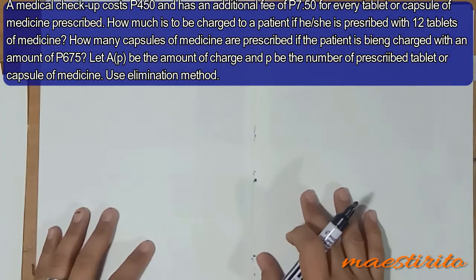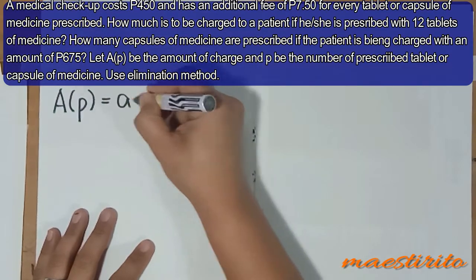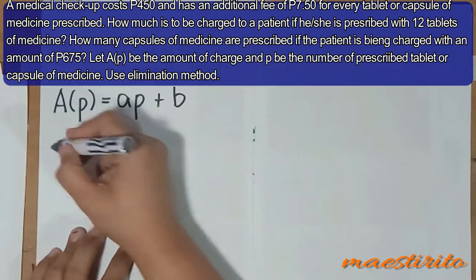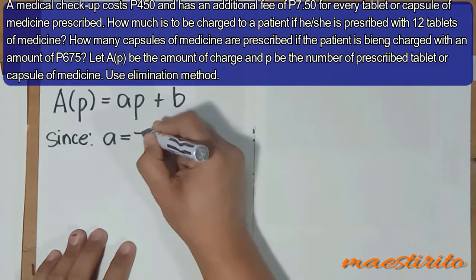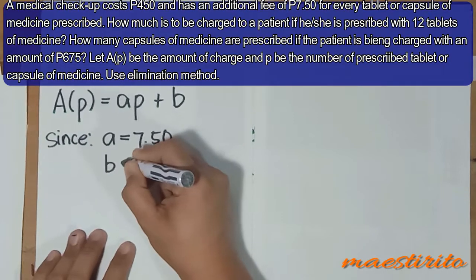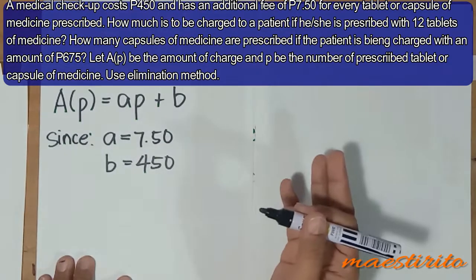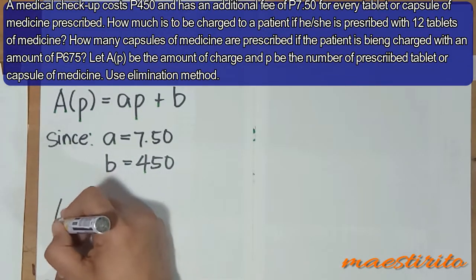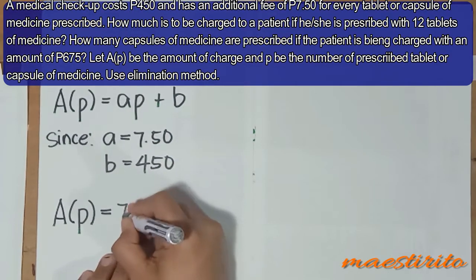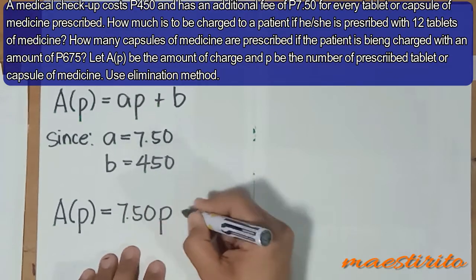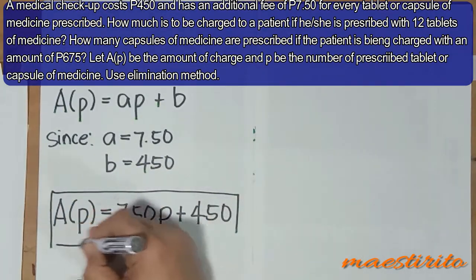Let me rewrite the general formula, which is C(P) = AP + B, and since our A is 7.50 and our B is 450, the model, or the equation, for this problem would be C(P) equals 7.50 P plus 450. Okay, there we go.